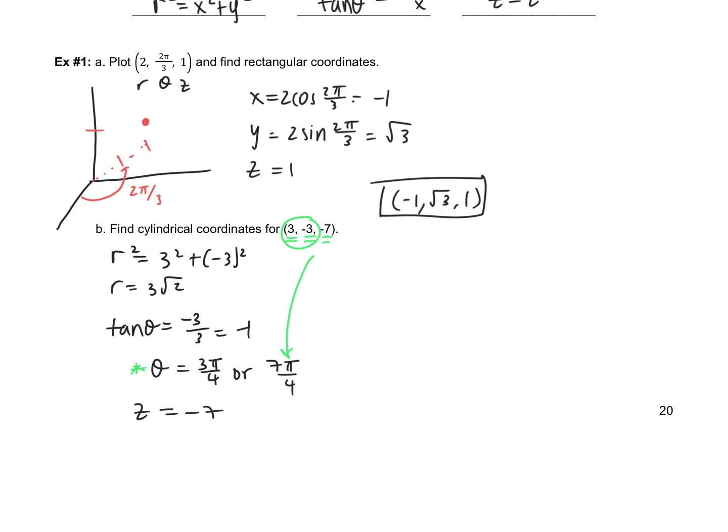So the z doesn't come into play in this case. So the same point in cylindrical coordinates then would be (3√2, 7π/4, -7). So like I said, I have to stress, with theta, there's always going to be 2 possible options, and you have to pick the correct value based on the point in the figure.